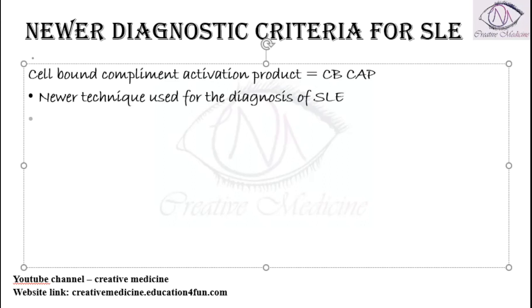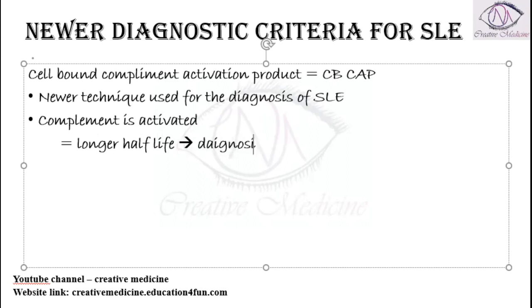This cell-bound complement activation product is formed because of the activation of the complement. When the complement is activated, this results in the cell-bound complement activation product. Now this product has a longer half-life, and because of its longer half-life, it is exploited in the diagnosis of SLE.